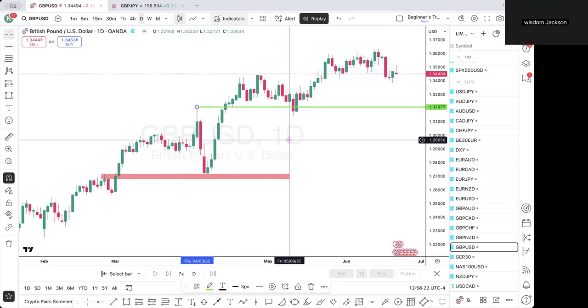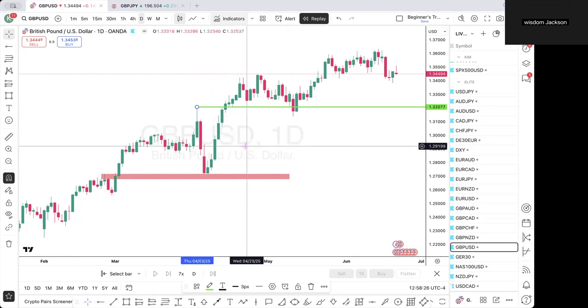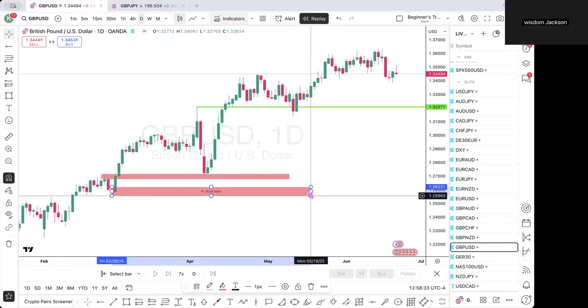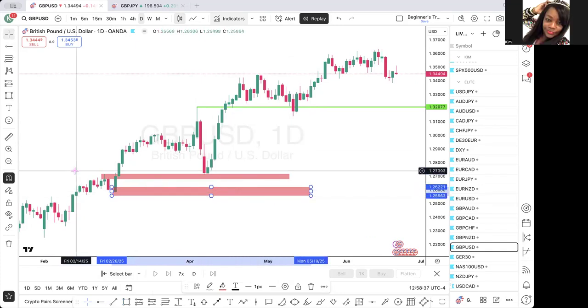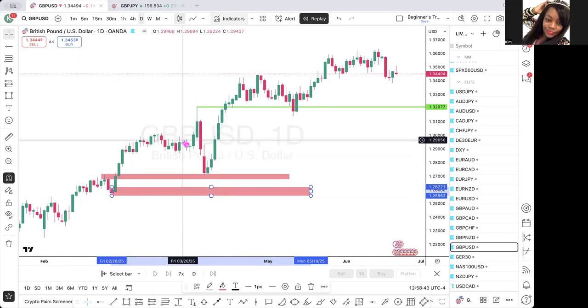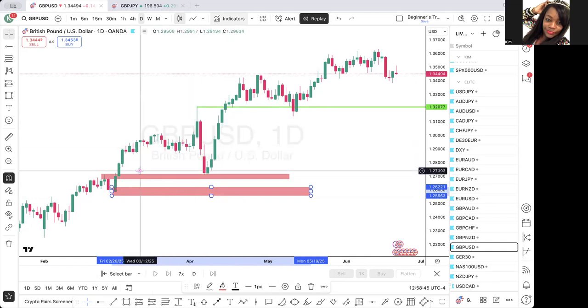The zone you marked out there, that's the demand zone, right? I would have marked this as the demand zone. But most times, occasionally, price would have broken structure. This is pretty much a break and retest, if y'all ever heard of that.